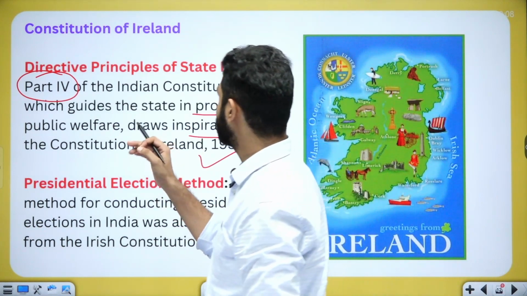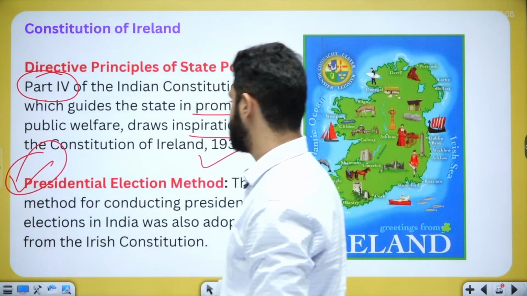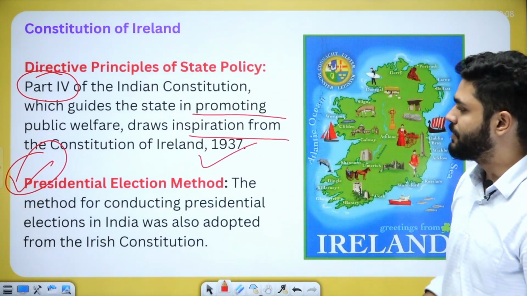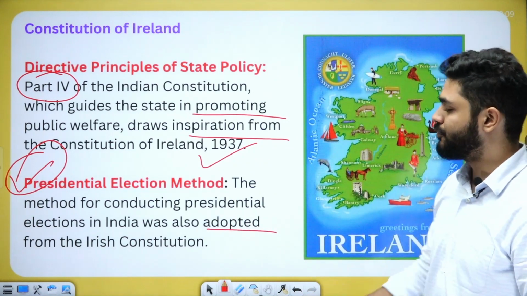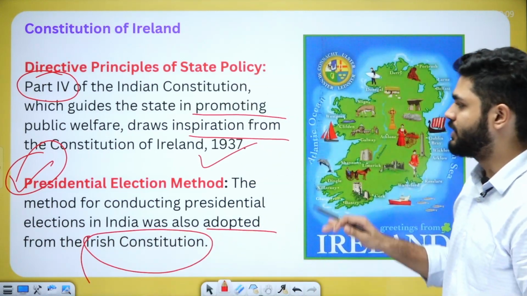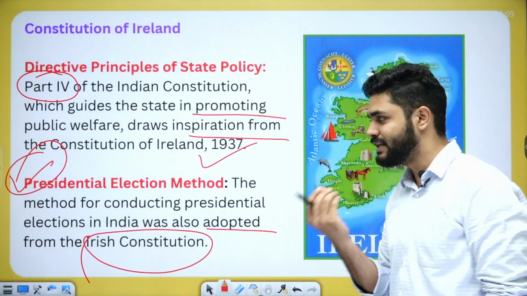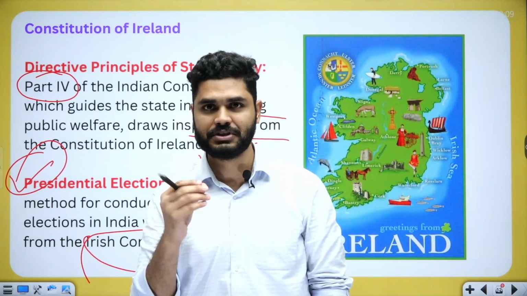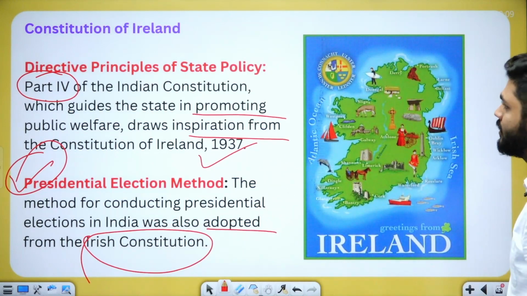Other than the directive principles of state policy, there is the presidential election method, the method for conducting presidential elections in India, which was also adopted from the Irish Constitution. As we talked about, the presidential election method is quite complicated and it gets scary when we see it in Laxmikant. And this idea has been taken from Ireland.